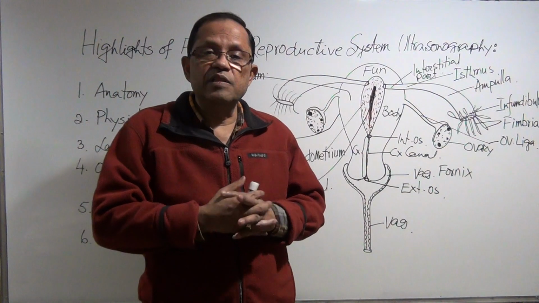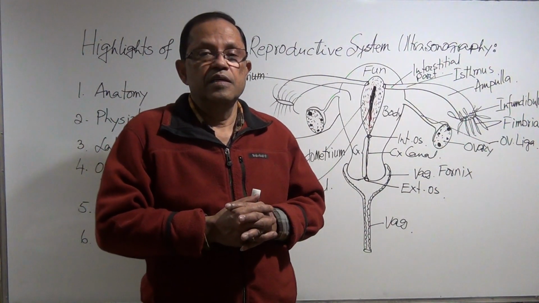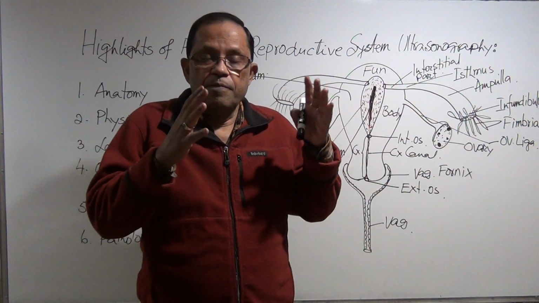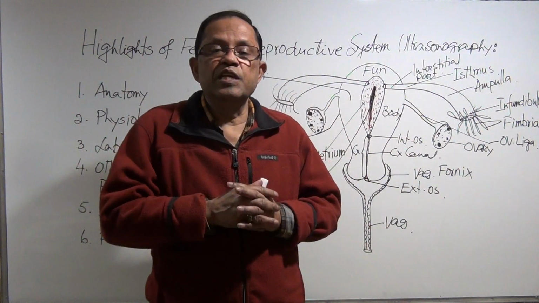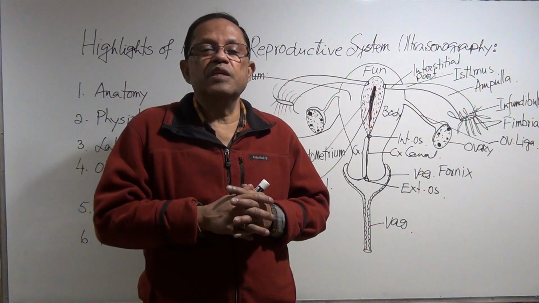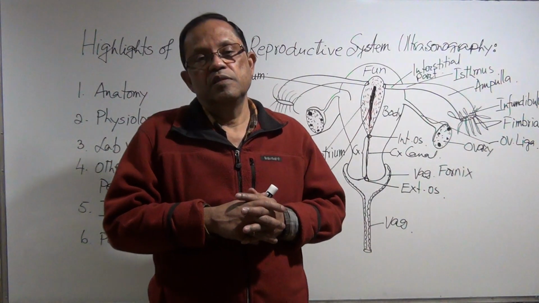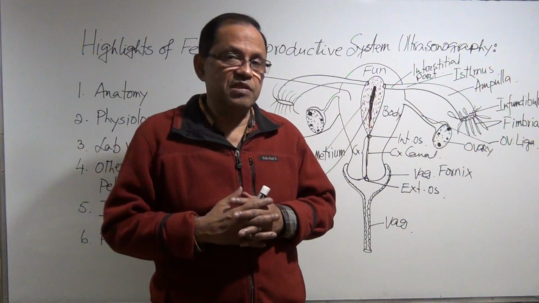There are a couple of muscles we're going to discuss: the obturator internus muscle, iliopsoas muscle, piriformis muscle, and the levator ani muscles.